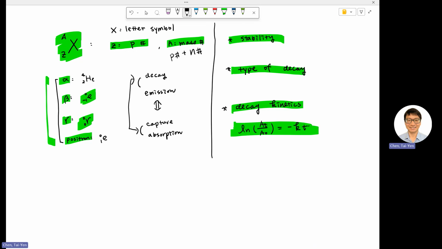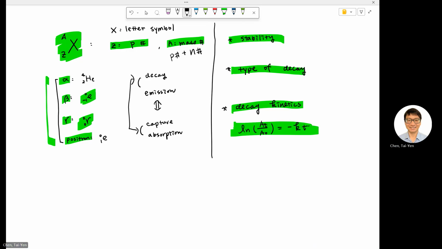Every time you see some species undergo certain decay, that decay particle will show up on the product side. There's another way of saying the same thing. The atom X undergoes a beta emission.